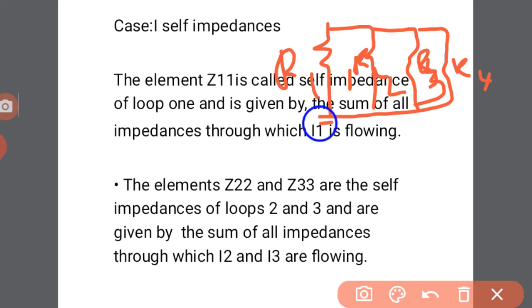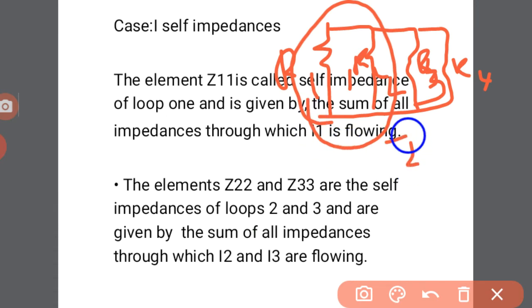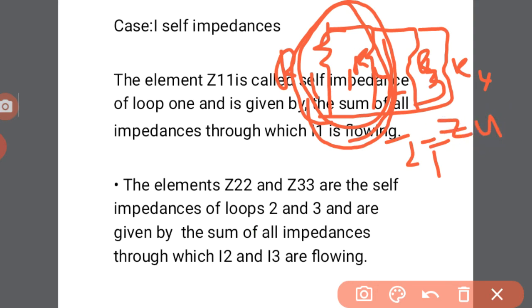Suppose here we are considering one loop. In this loop the current flowing is I1. So the total impedance within this loop, that is the sum of all impedances through which I1 is flowing, is equal to the self impedance, Z11. Is it clear?